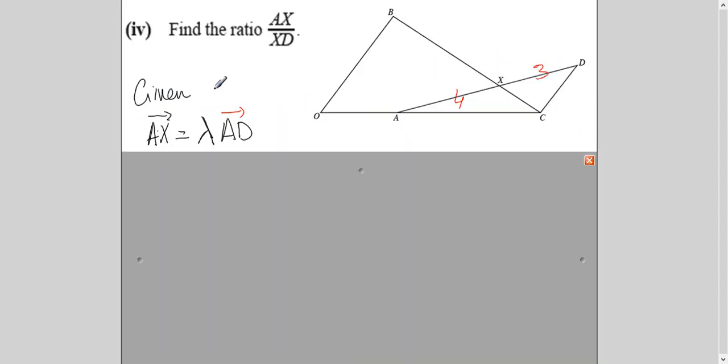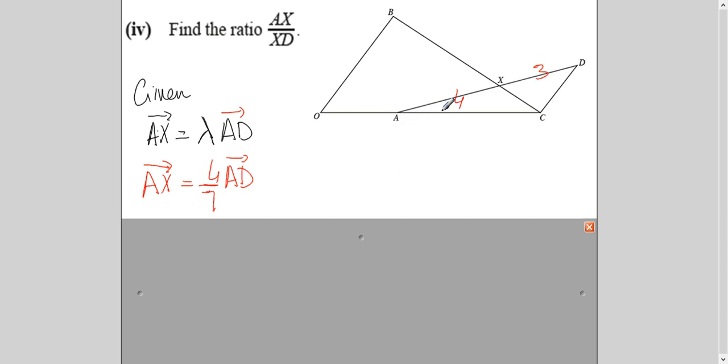Even if it is not given to me here, I can see AX is equal to 4 upon 3 of XD. Yes or no? It is obvious. Or AX is equal to 4 upon 7 of AD, because AD is 7 parts, ratio wise.